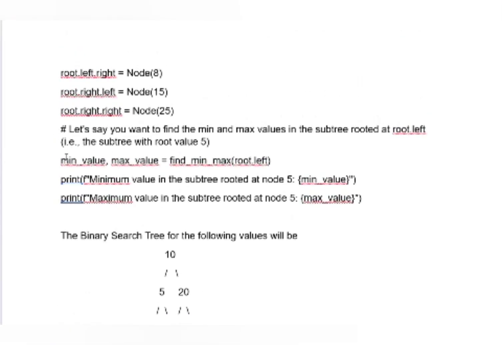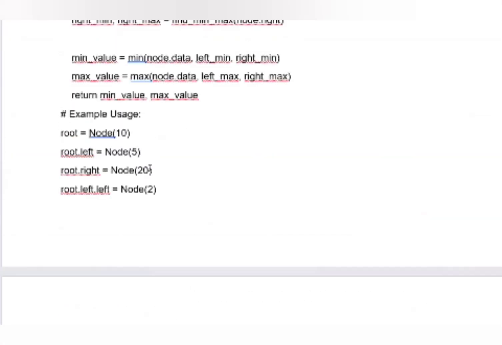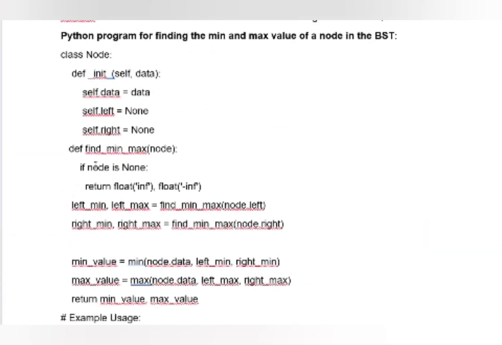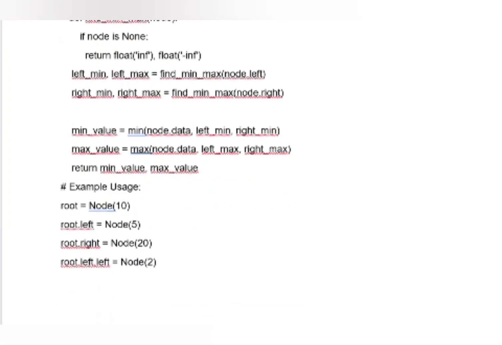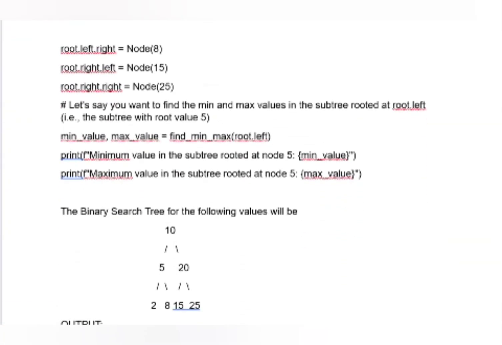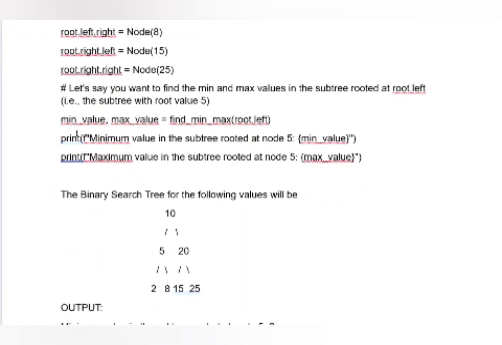We have written those, and we will take min_value, max_value equals the function find_min_max of node. We will use that function and return these values, and we will use a print statement: minimum value in the subtree rooted at node 5.